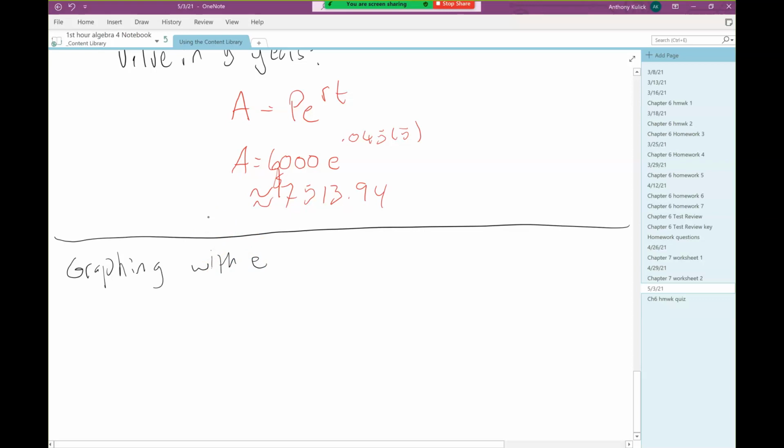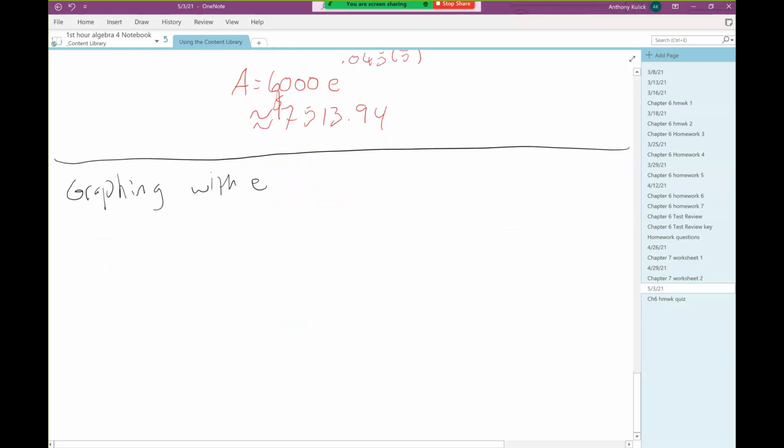So the last thing I want to talk about today is graphing with exponential functions involving e. Our general form in this case is just things that look like this.